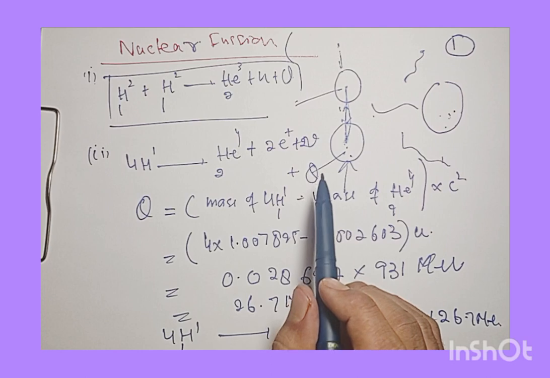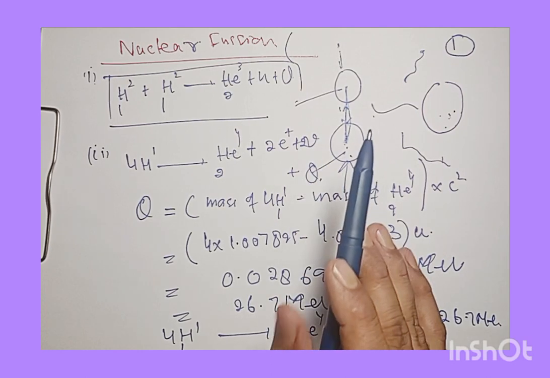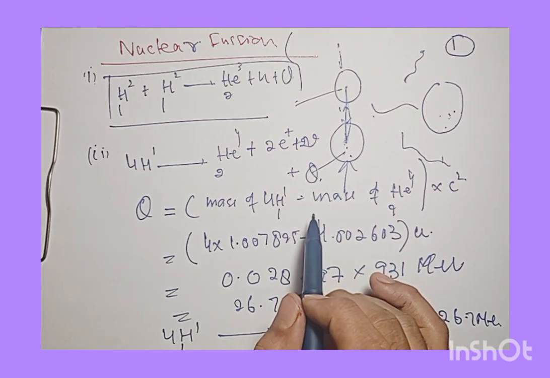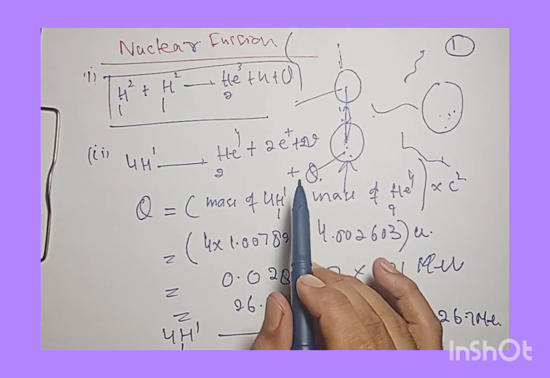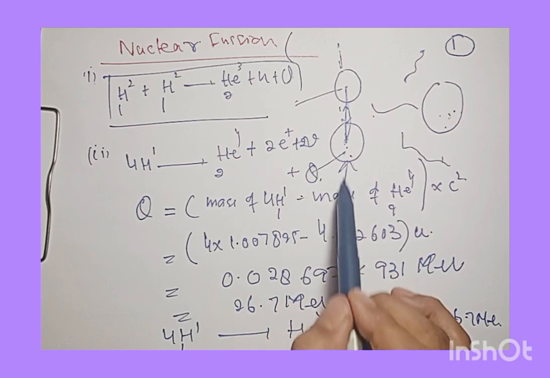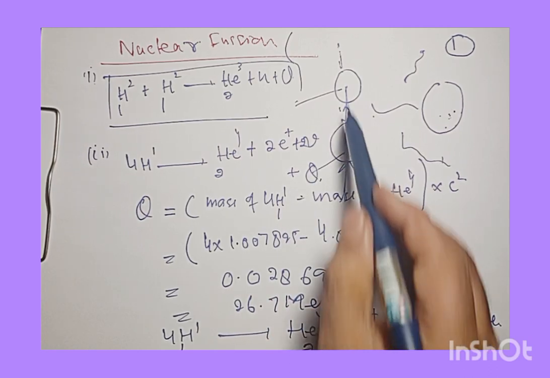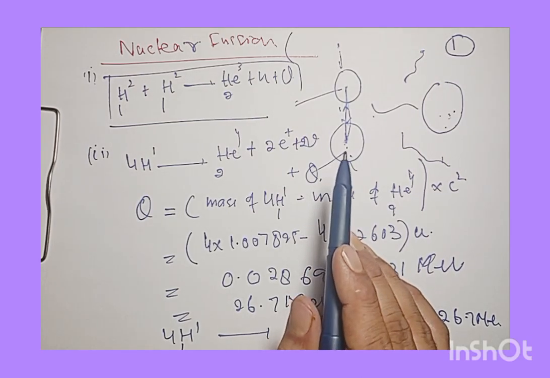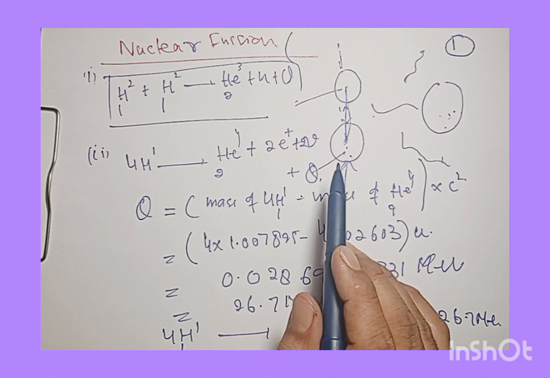The force of repulsion between them is large, so it has to be overcome by the energy of the fusing nuclides. High kinetic energy implies a high temperature. So you need high kinetic energy of the particles, so you want a very, very high temperature. Thus nuclear fusion can be achieved at a very high temperature.